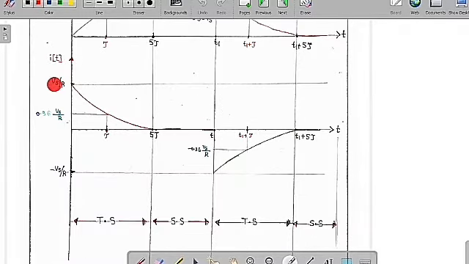I have drawn the current diagram with respect to time in the charging mode and also in the discharging mode. In the charging mode, the current is going to decay in this manner, which is Vs by R into e to the power of minus t by RC. So the current is going to decay. At t is equal to tau, this is 63%, but from the origin it will be 36, so 0.36 times the final value Vs by R. Within 5 tau it is going to reach 0.